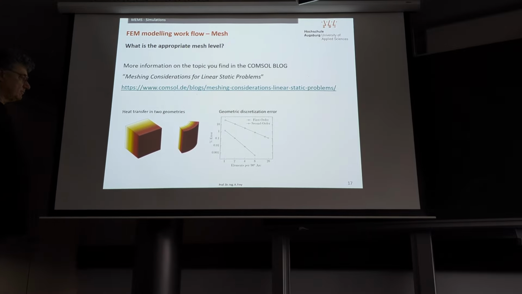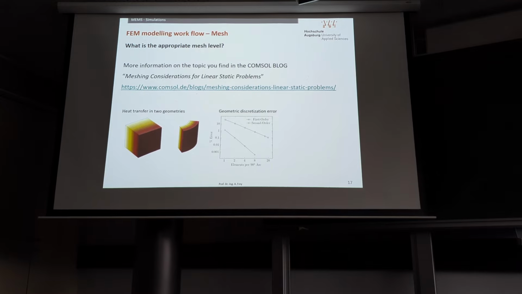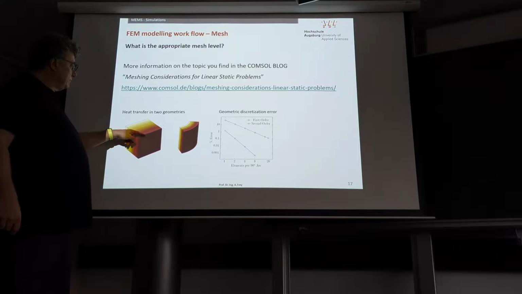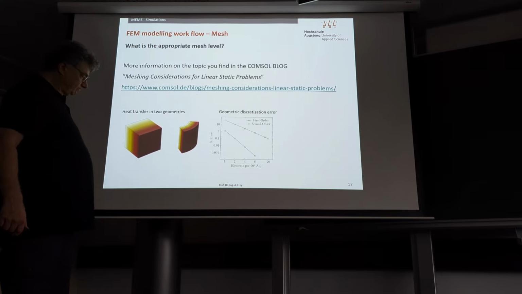I think that's a bit inspired by what happens if you heat a metal. First it's dark and then it gets brighter. So low temperature, high temperature, we have a temperature gradient.